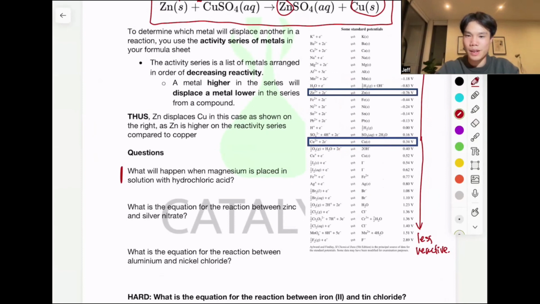Thumbs up. I would say it would, because we're comparing magnesium against whatever the cation is in hydrochloric acid, which is going to be the H+. So we find H+, and you can see that magnesium is more reactive than H+. Hence, it will displace the hydrogen.